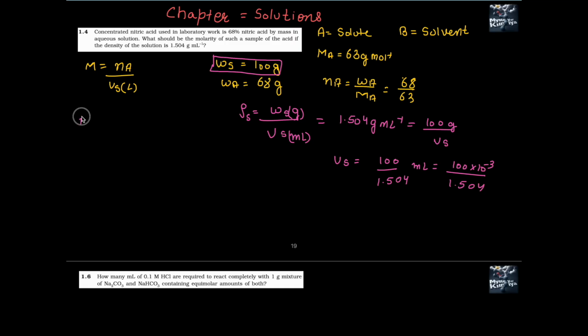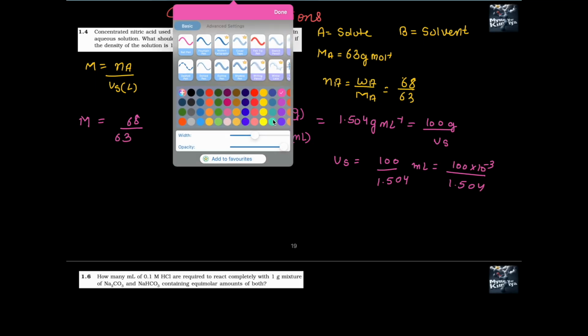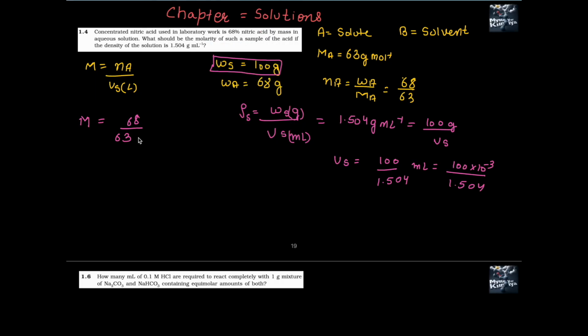So if we just put the values here, the molarity of the solution would be moles of A, which is 68 divided by 63, and the volume of solution in liter is 100 into 10 to the power minus 3 divided by 1.504.